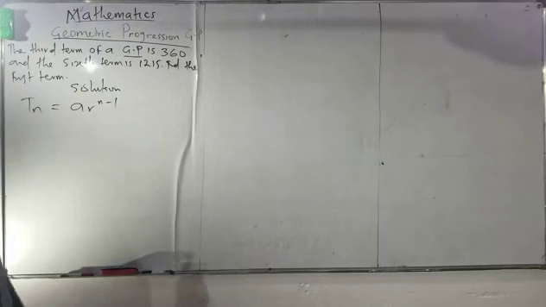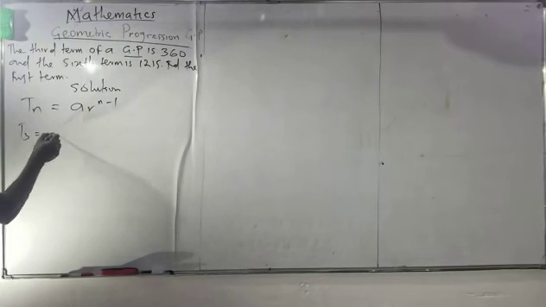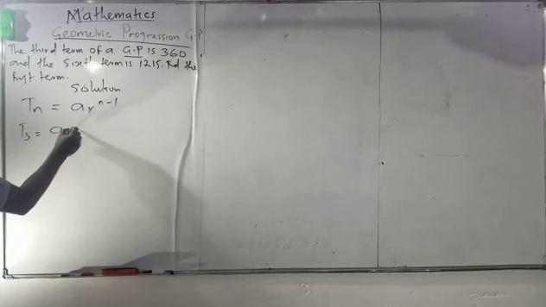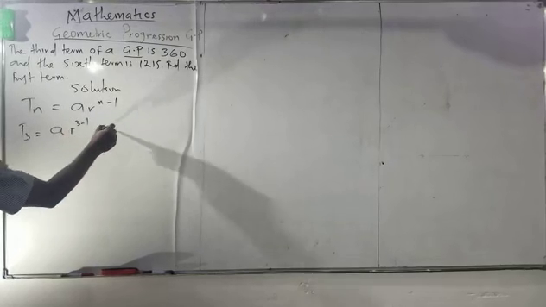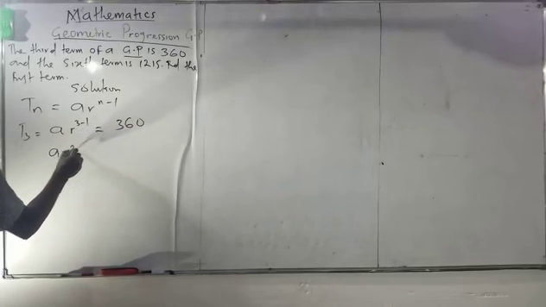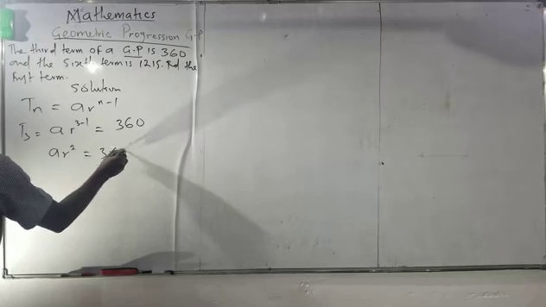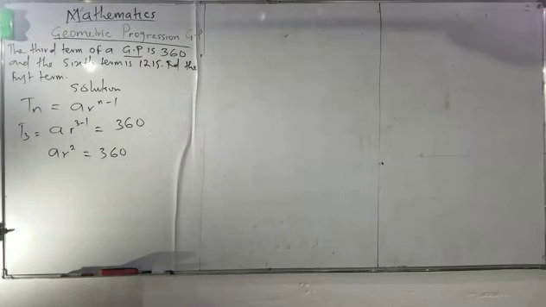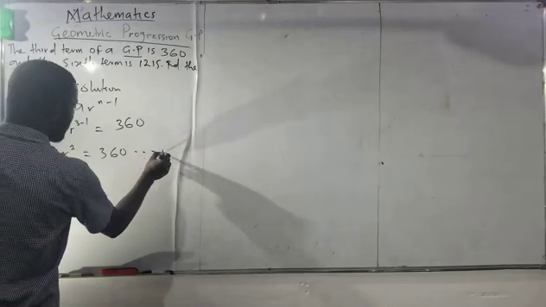Now, since I know that, I was told that my T3 would be equals to ar to the 3 minus 1 equals to 360, which is ar squared equals to 360. That's the first thing, and I will call it equation 1.